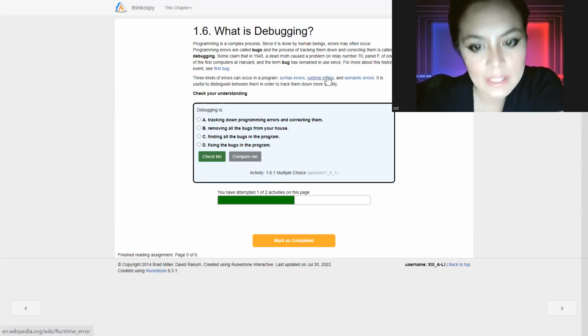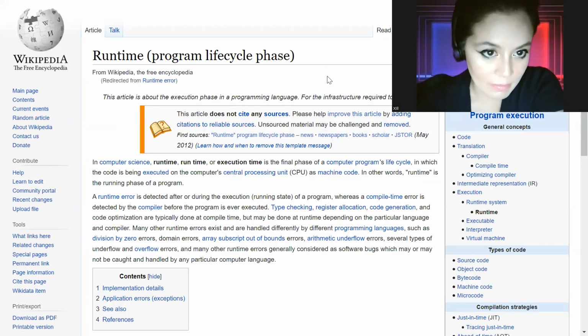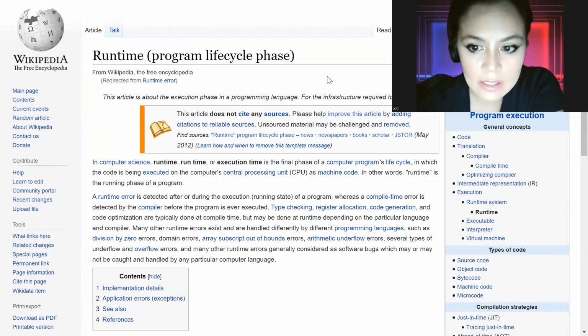Yeah, and then runtime errors, also known as program lifecycle phase, or execution time, is the final phase of a computer program's lifecycle. Oh, I see.